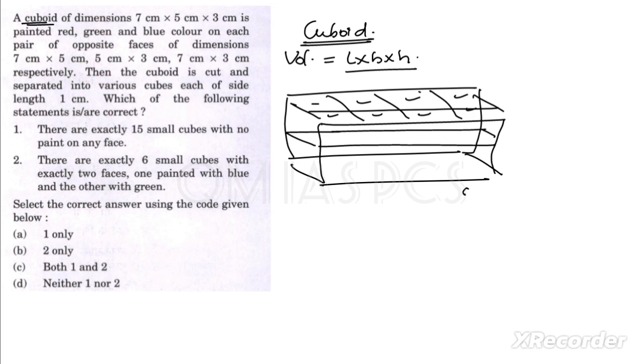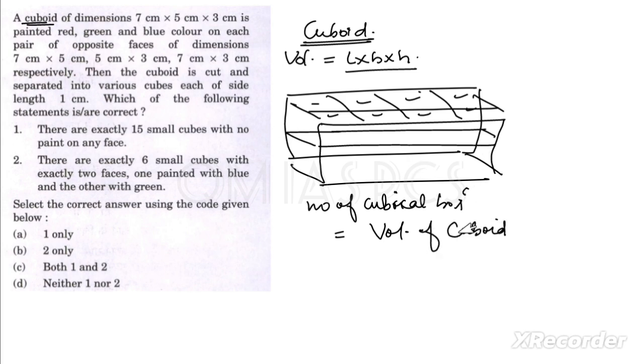Whatever the volume is given, if they ask the number of cubical boxes, simply you can say volume of the one bigger cuboid divided by volume of one cubical box. So you will get the number of cubical boxes.